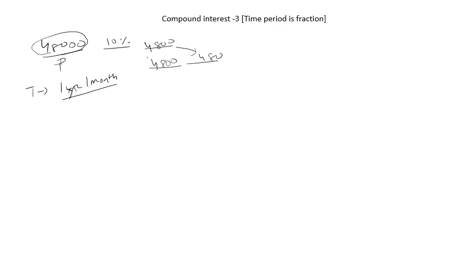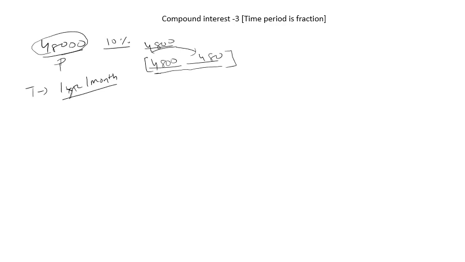So this whole part is second year's compound interest, and this part is first year's compound interest. First year I need completely, because I am asking for 1 year 1 month. 1 year is completed, so 4,800 is there.